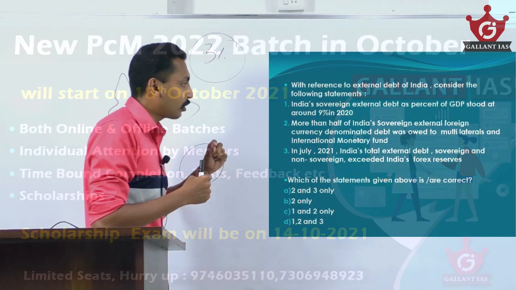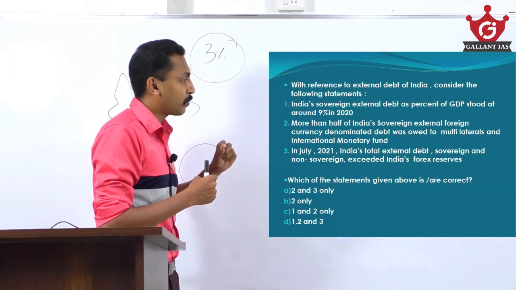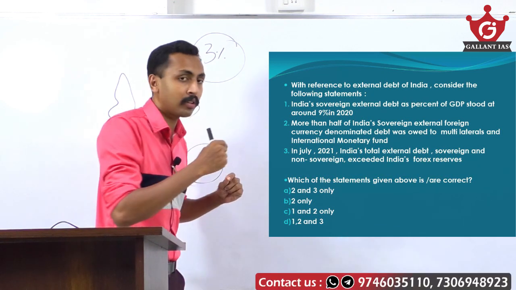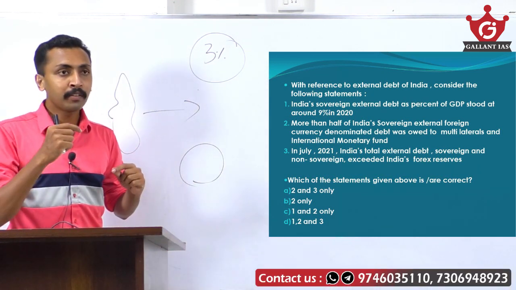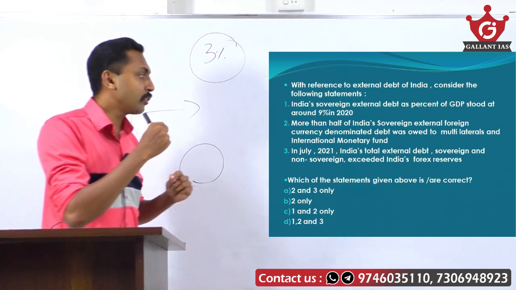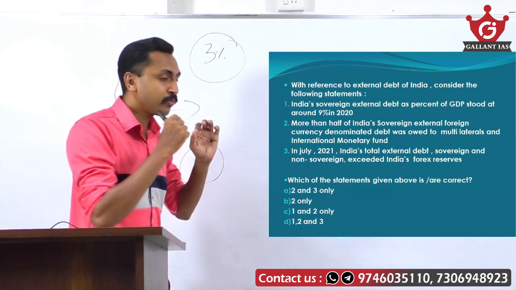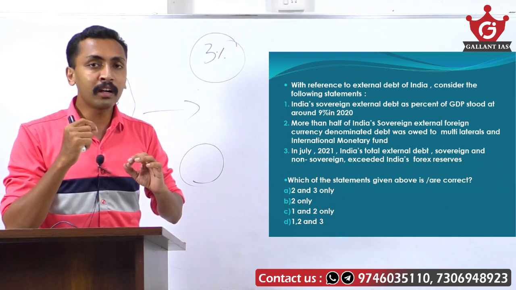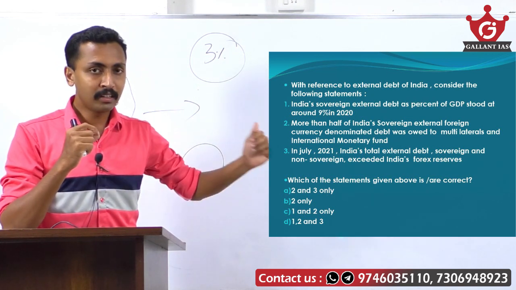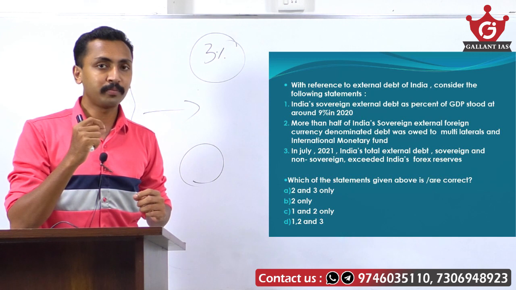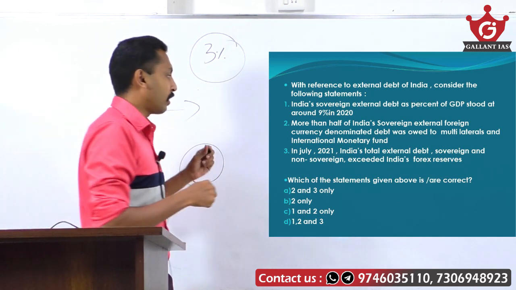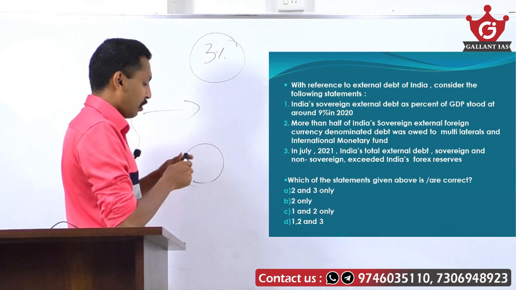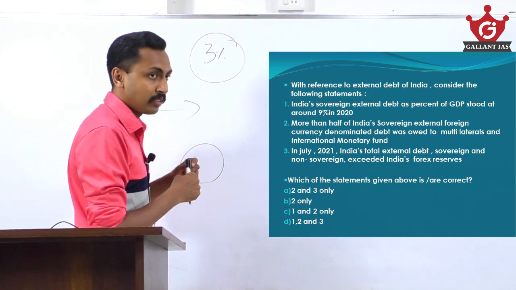Then just read the third statement. In July 2021, India's total external debt, sovereign and non-sovereign, exceeds India's forex reserves. That is wrong. In July 2021, India's forex reserve is higher than India's total external debt. This question is from the Economic Survey, which has data on India's external debt and forex reserves.